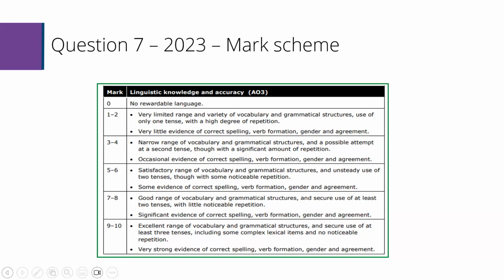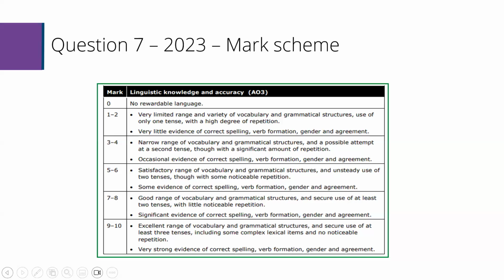But if we're talking about verb formation in a simple past tense, and a candidate has perhaps 3 or possibly 4 examples of verbs produced correctly in that tense, and one where they make a small error, we've got evidence that they know how to use that tense, but just with a tiny error. So that would count as very strong evidence.